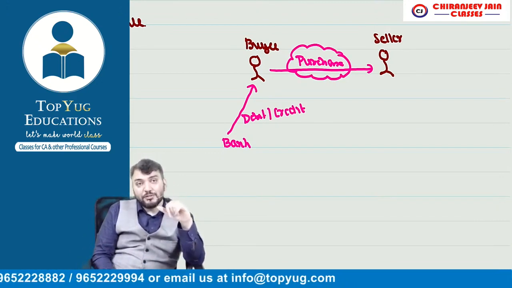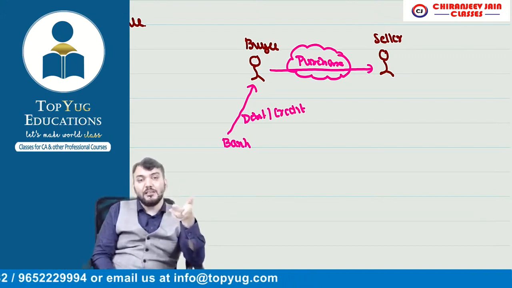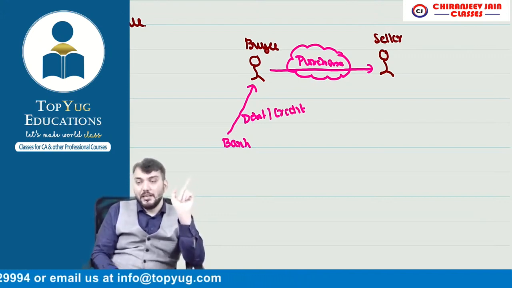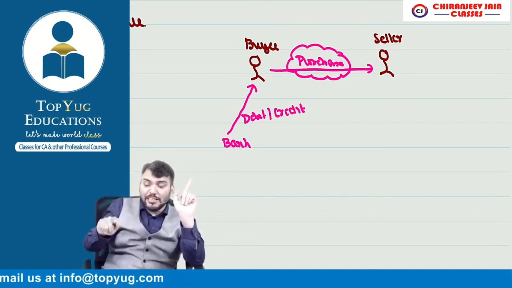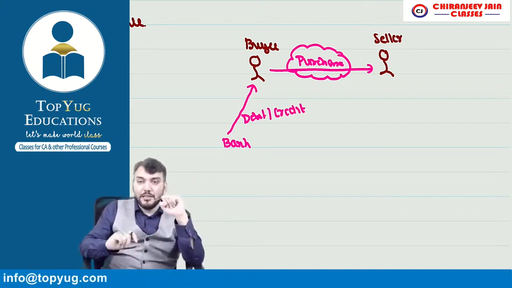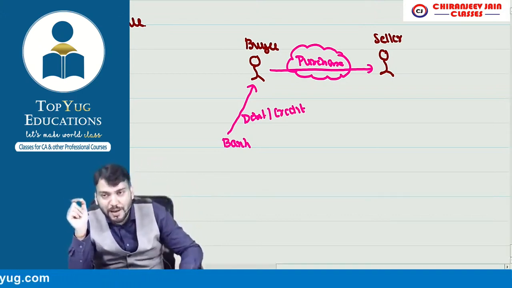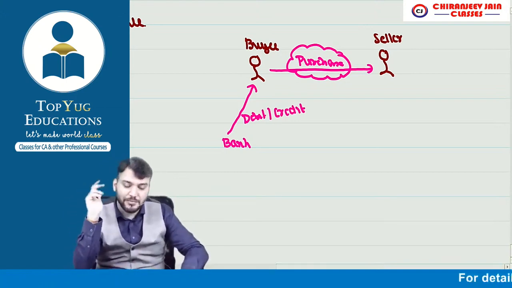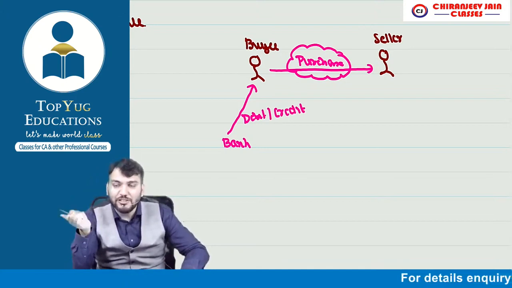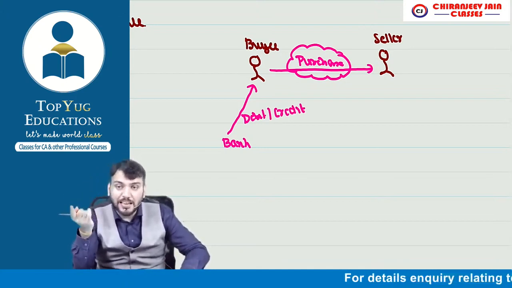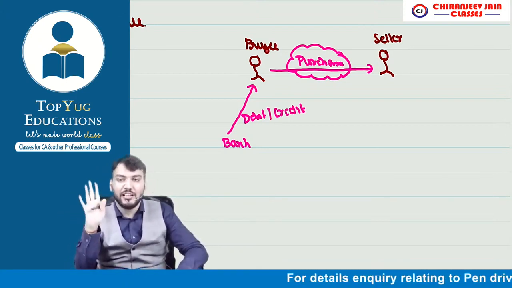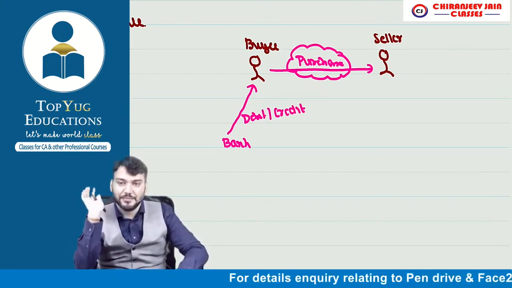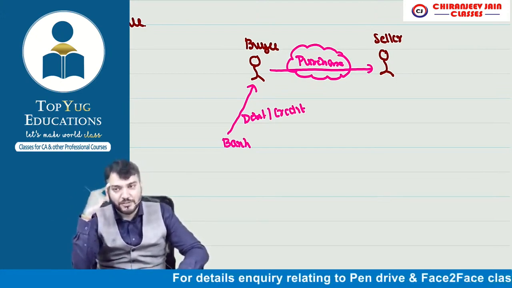So bank has issued debit card and credit card to buyer. Who has used debit card or credit card for sale transaction? Buyer. My question to you all, bank will charge commission from buyer or seller? ये एक डाउट आया. बैंक किससे कमीशन चार्ज करेगा? बायर से कि सेलर से? Are you able to understand what I am saying?